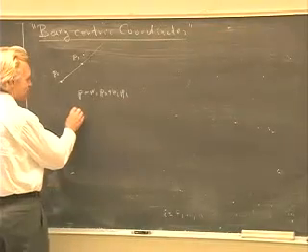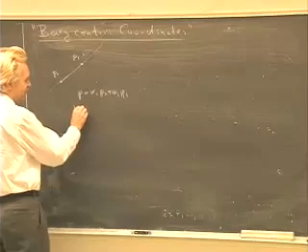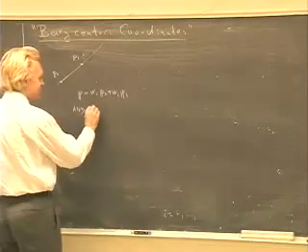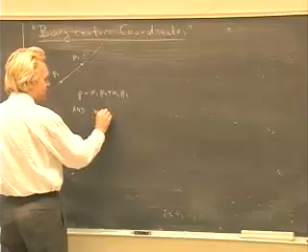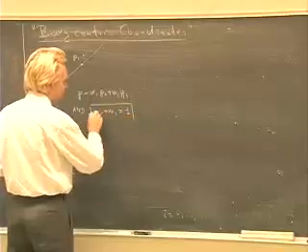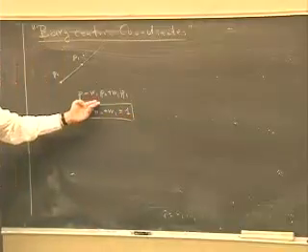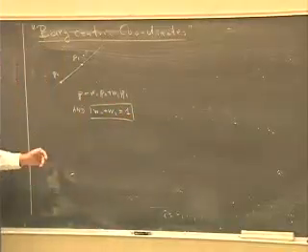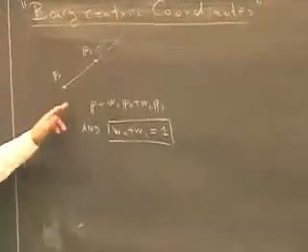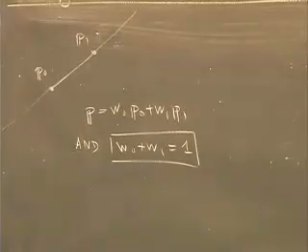I also have a requirement that these weights sum to 1: weight 0 plus weight 1 equals 1. So this represents a linear combination of 2 points, and since it's linear, the resulting point P will be a point on the line, period.